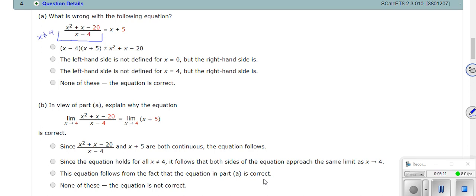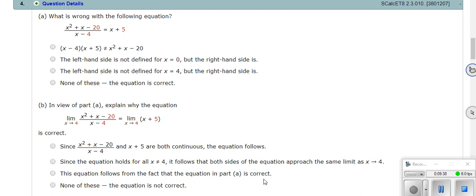Because that's going to make my denominator go to 0. So I have to be careful there. The left-hand side is not defined for x equals 4, but the right-hand side is. That would definitely be your answer. I'll let you guys finish that one, but that's kind of where they're going with those.